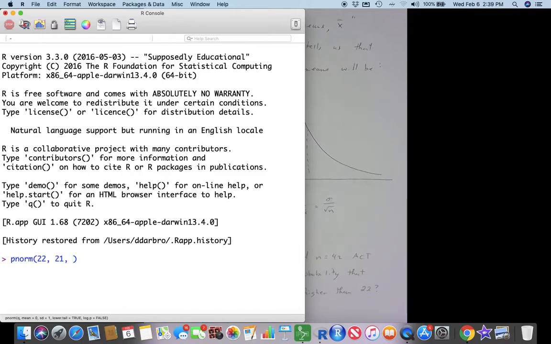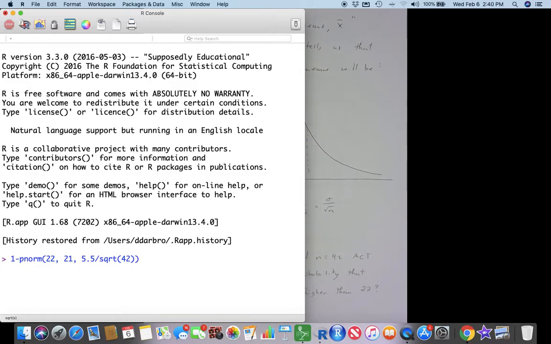And the next thing I need is the standard deviation, which is 5.5 divided by the square root of 42. Now, guys, this is going to give us below. So pnorm is set to give you below, so I need to take 1 minus this to get above.